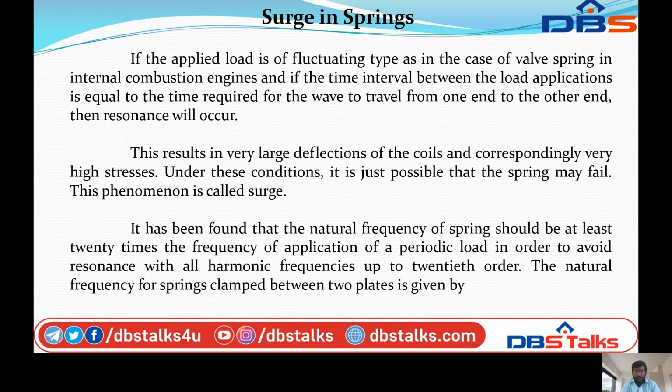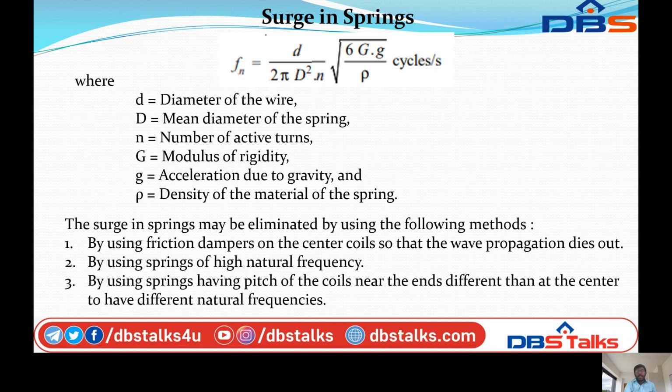The natural frequency for a spring clamped between two plates is given by fn = (d / (2π D² n)) × √(6 G g / ρ) cycles per second, where small d is the diameter of the wire, capital D is the mean diameter of the spring, n is the number of active turns, G is the modulus of rigidity, small g is the acceleration due to gravity, and ρ is the density of the material of the spring.